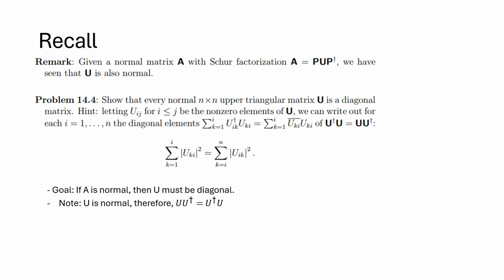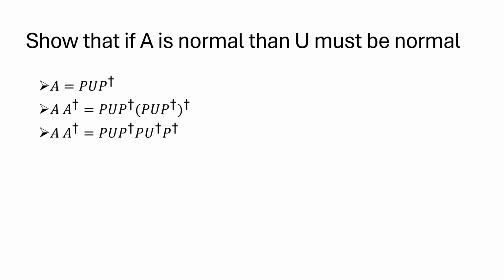Now let me just show you why this is true. Basically, to show that if A is normal, then U must be normal, we first take the Schur factorization of A, and then we multiply both sides by the Hermitian transpose of A. This is just one of the scenarios.